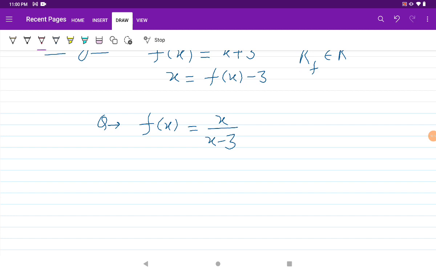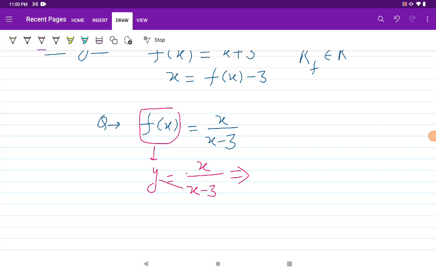So how can we write x equal to? Just replace f(x) with y. If you want, you can write f(x) only, but it is better to replace the function with y, because somehow the arrangement becomes easier.